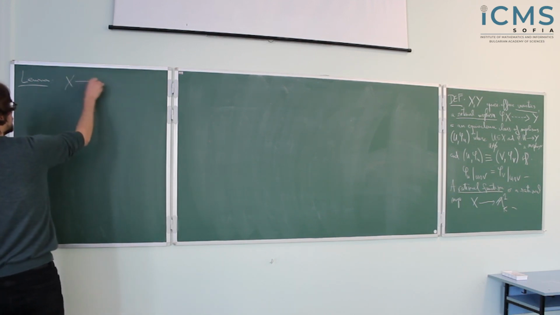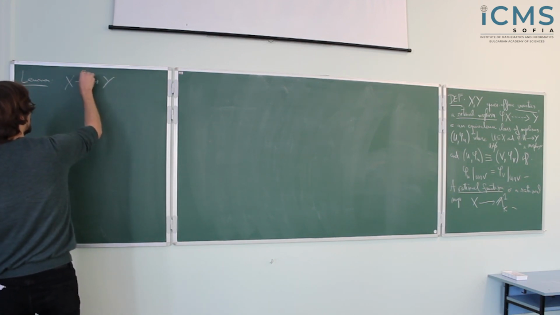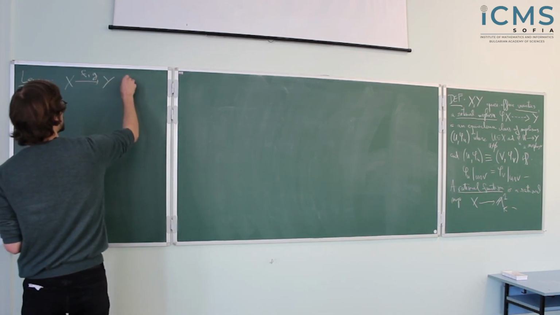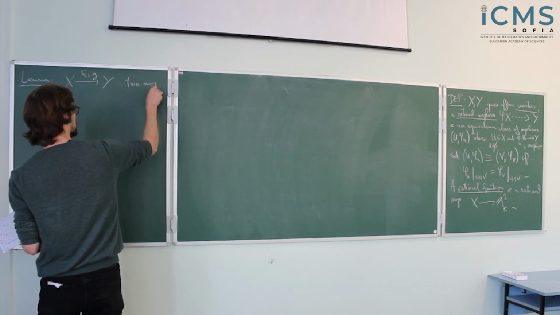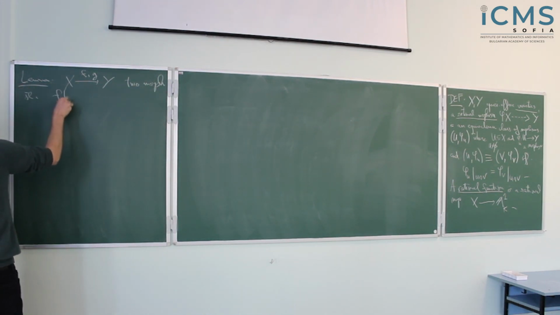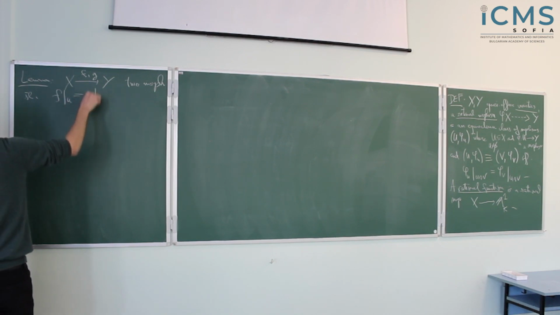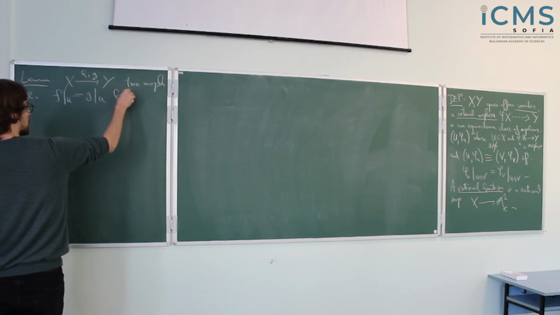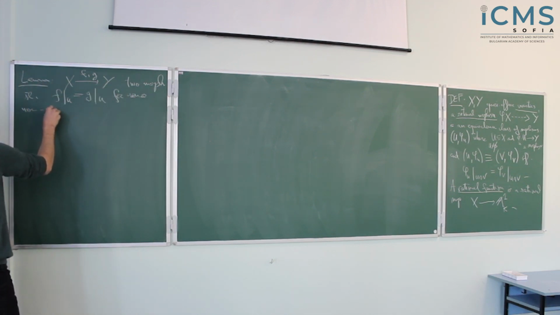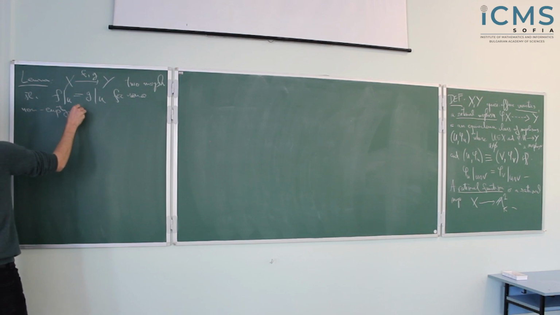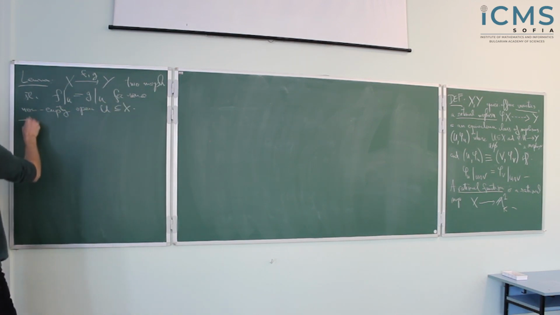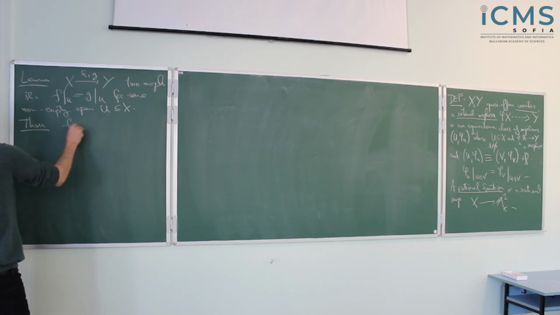So consider two morphisms f and g, such that f restricted to U is equal to g restricted to U for some non-empty open U. Then f is actually equal to g.